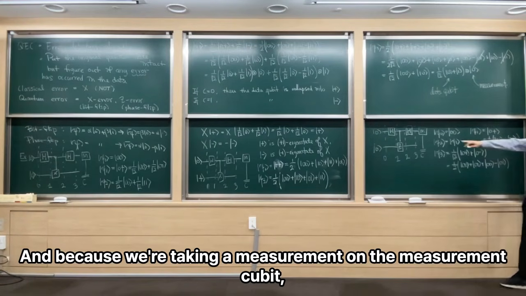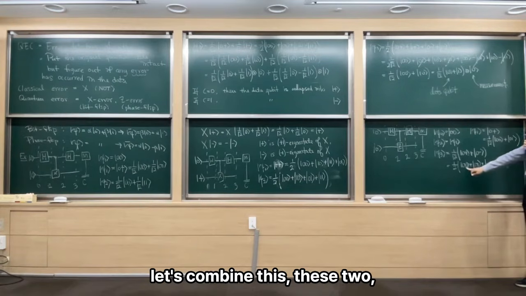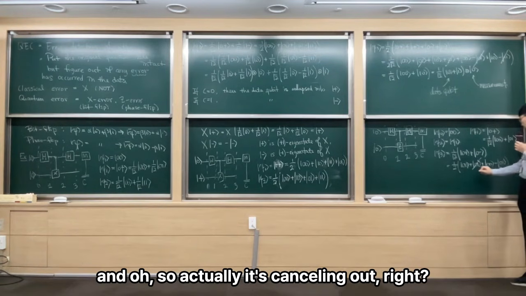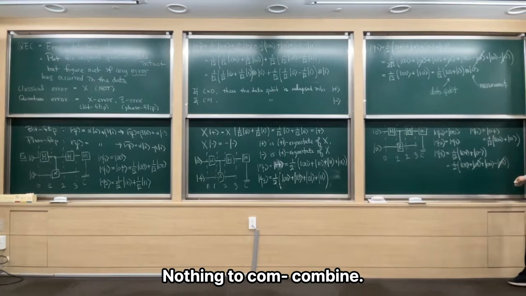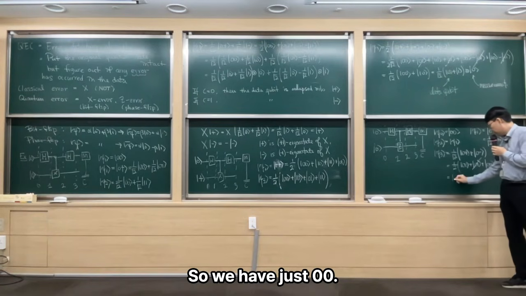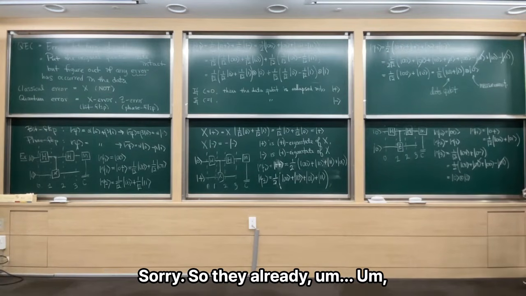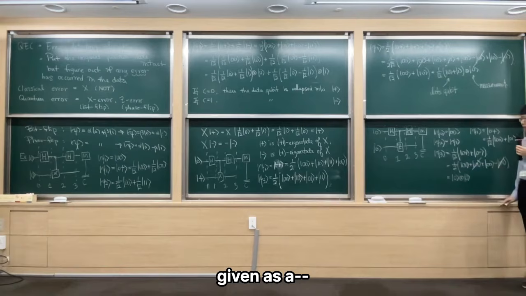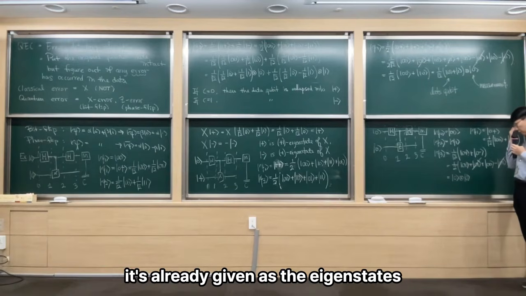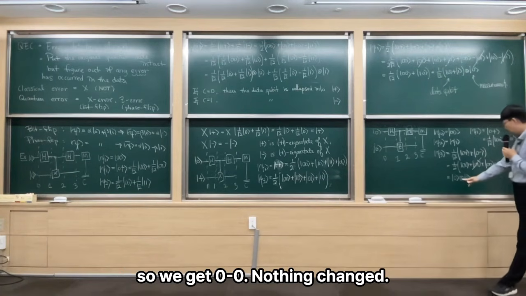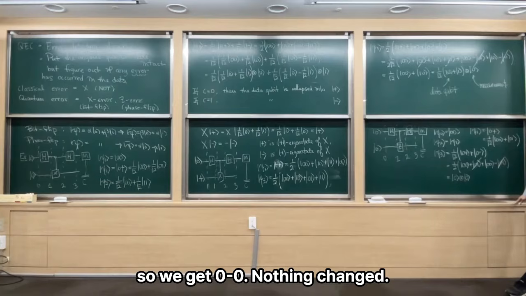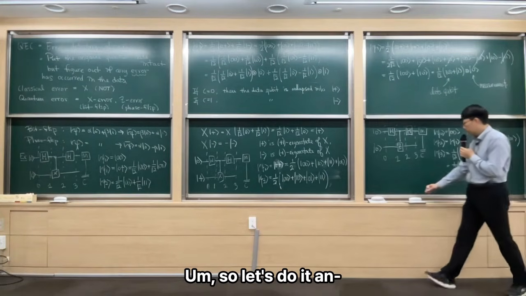Because we're taking a measurement on the measurement qubit, let's combine these two. Actually it's canceling out, so we have just 0, 0. Actually, it's not a good example, sorry. It's already given as the eigenstate, so we get 0, 0. Nothing changed.